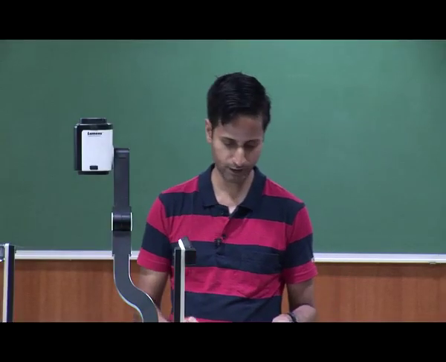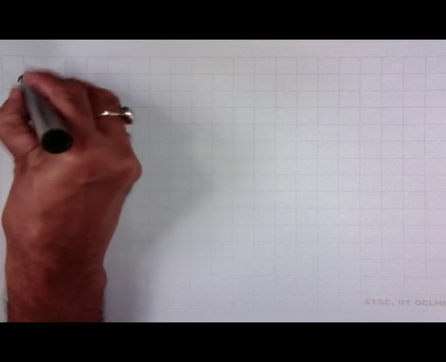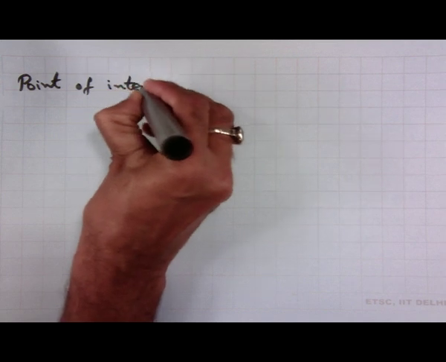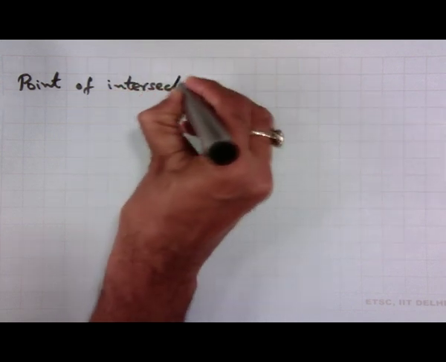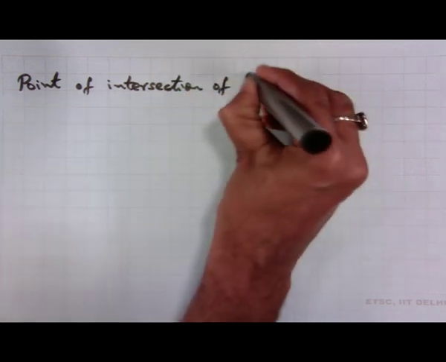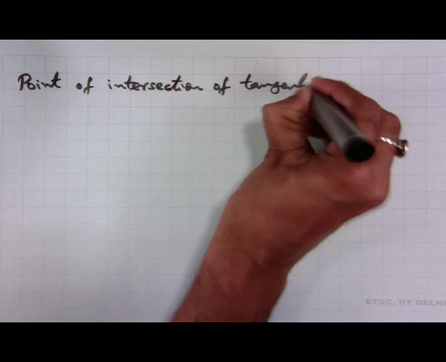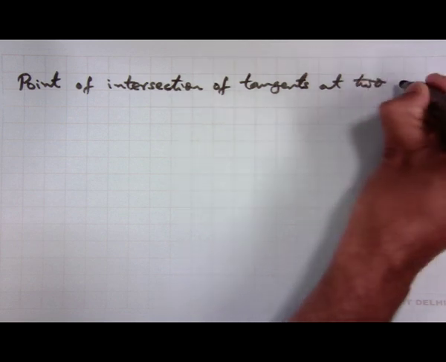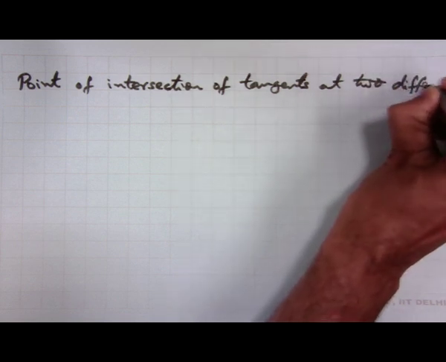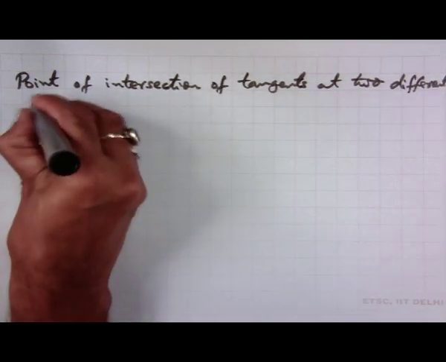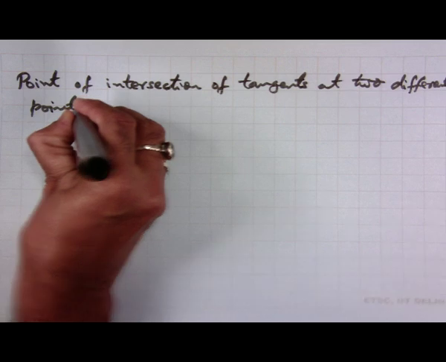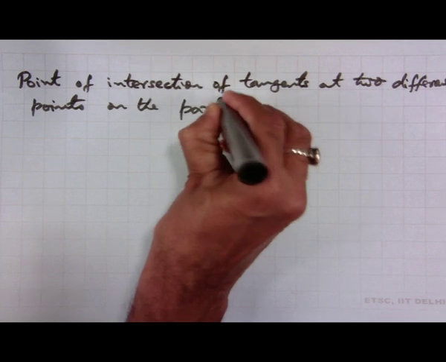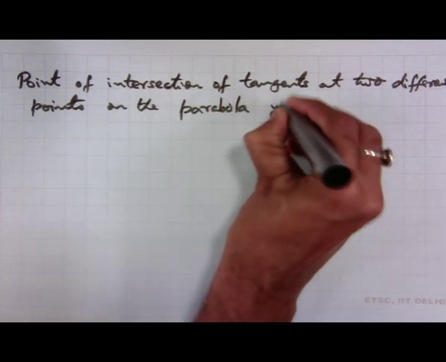Next, let us look at the point of intersection of tangents at two different points on the parabola y square equal to 4 a x.